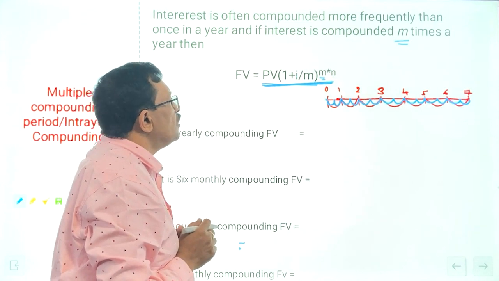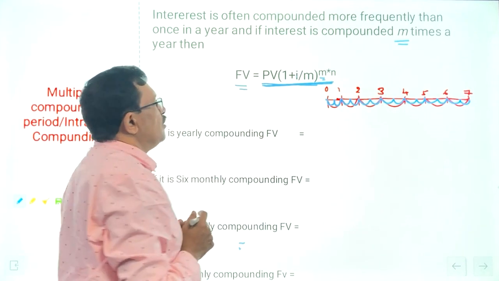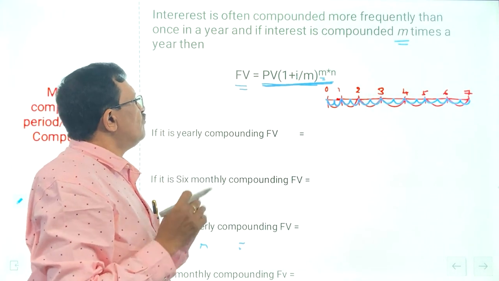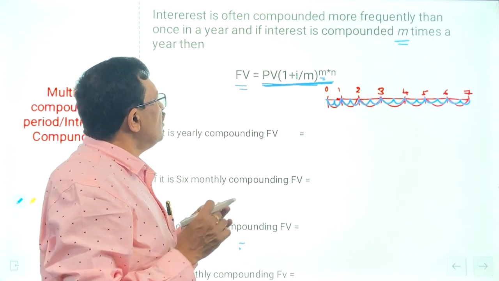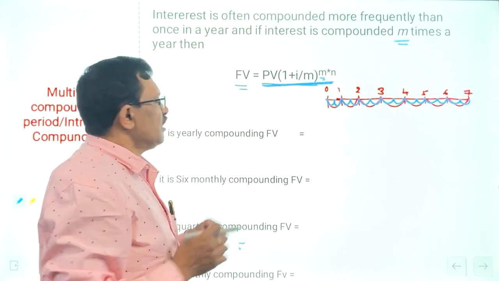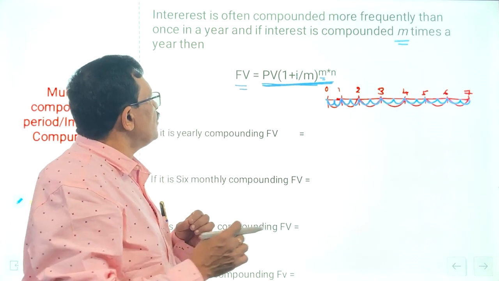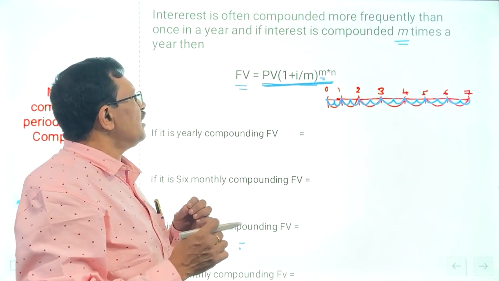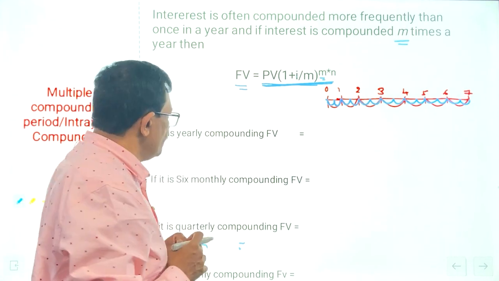So to compute the future value in the case of multiple compounding, to repeat, future value for n periods compounded m times will be equivalent to present value into (1 + i/m) whole power of m into n.